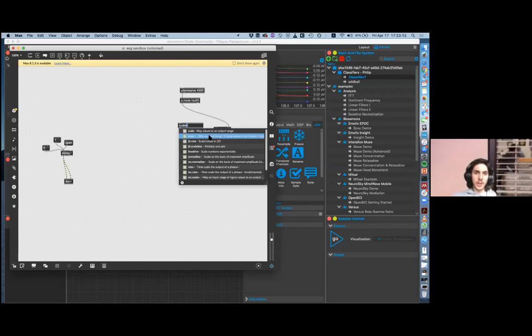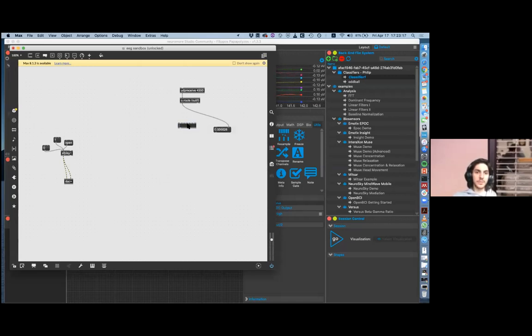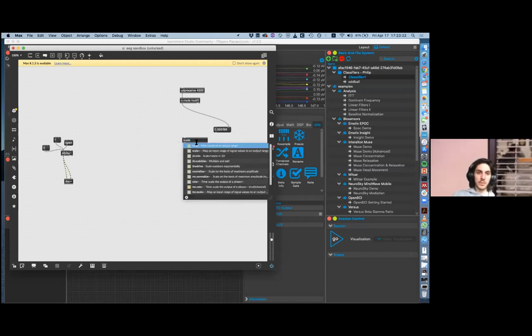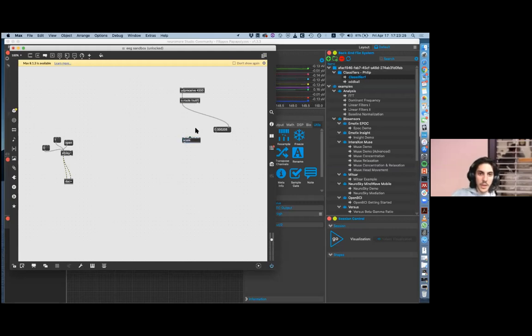So what I will do right now is scale the signal. Oh, come on. Oh yeah, okay. Give me a minute, please. So as you can see, I'm gonna move these around a bit.